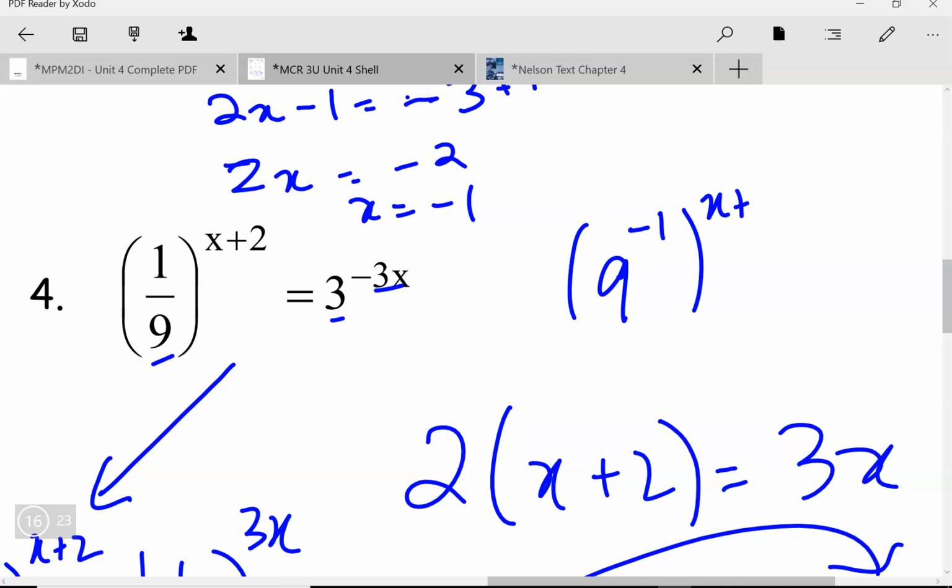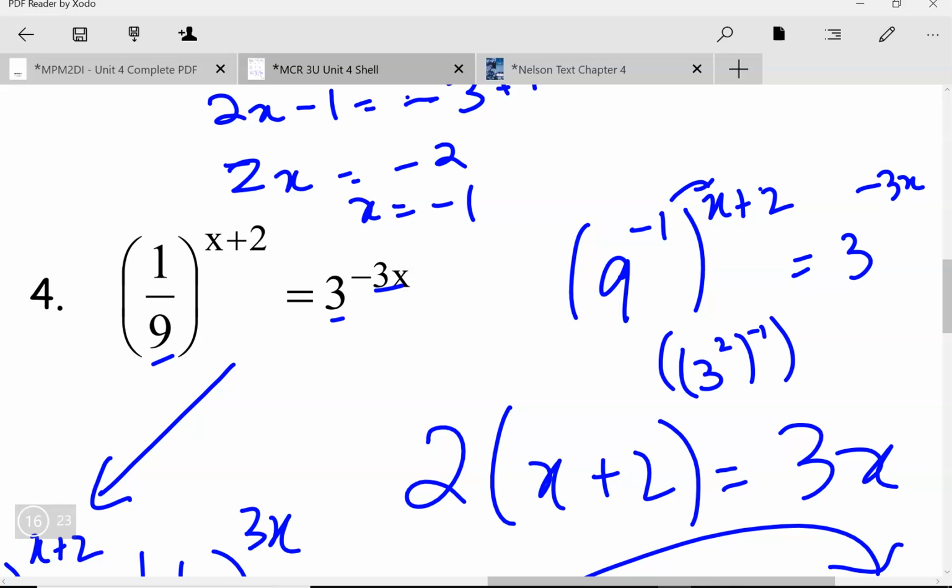Alternatively, of course, you can do 9 to the power of negative 1 x plus 2 equals 3 to the power of negative x. Then I would multiply this in, or actually you can even do a power of a power, 3 squared times negative 1 times x plus 2 equals 3 to the power of negative 3x. Again, whichever order you want to do that in, as long as you get somewhere.